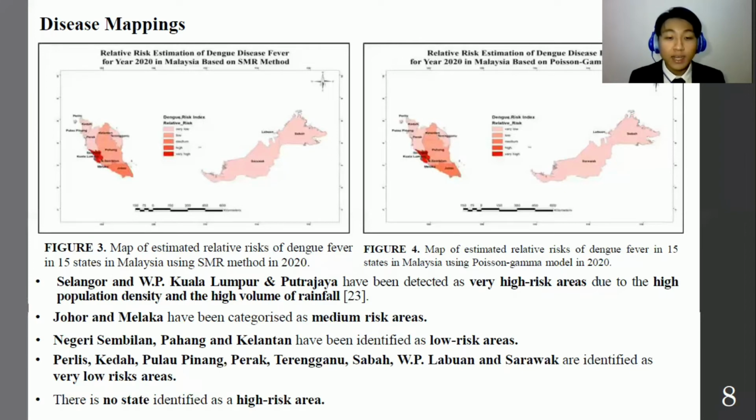Johor and Malacca have been categorized as medium-risk areas, followed by Negeri Sembilan, Pahang, and Kelantan, which have been identified as low-risk areas. Perlis, Kedah, Pulau Pinang, Perak, Terengganu, Sabah, Labuan, and Sarawak are identified as very low-risk areas, and there is no state identified as a high-risk area.